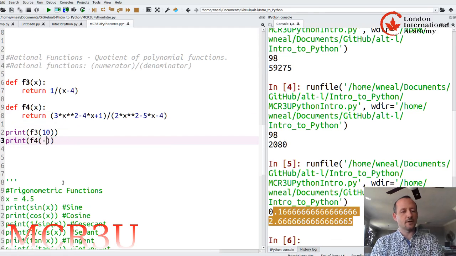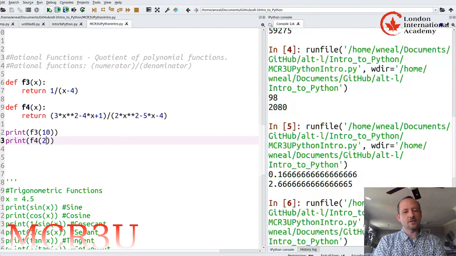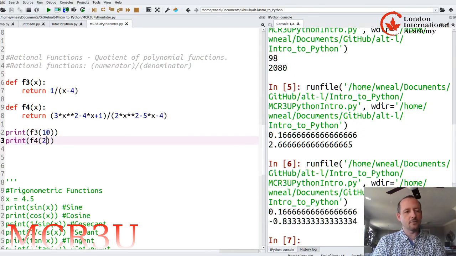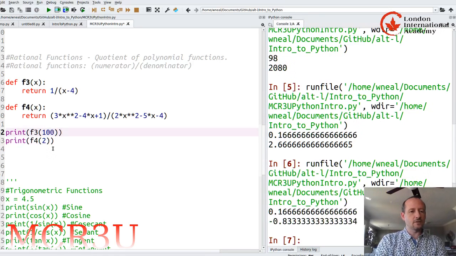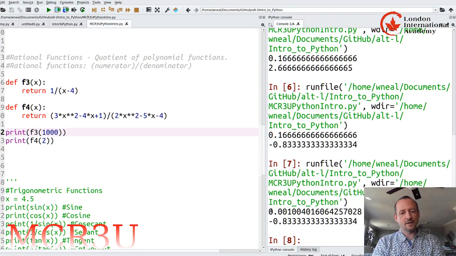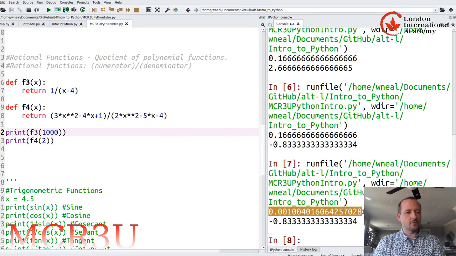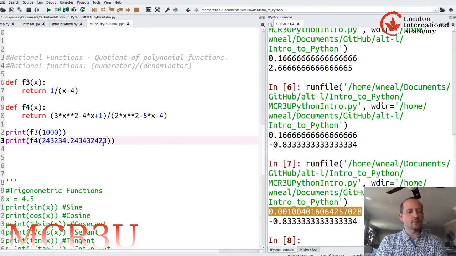then I can try all kinds of values. Every time I change a number, then I get a different value or a different result. I can even do it for very big values, like here's 100. Whoa, doesn't matter. For 100, it just gives me a very low number. How about, that's 1,000. And what about for very long and complicated decimal?